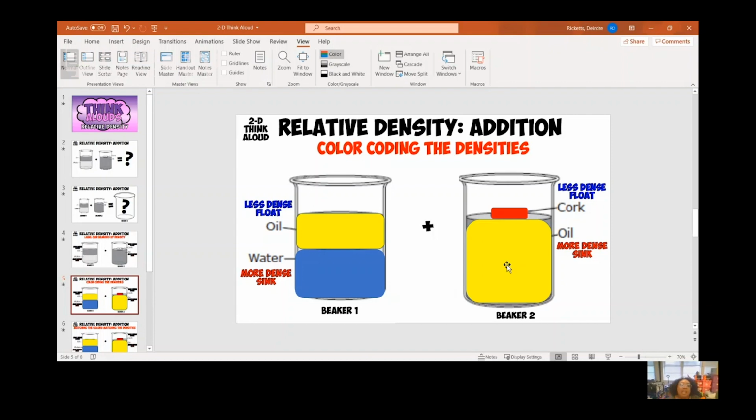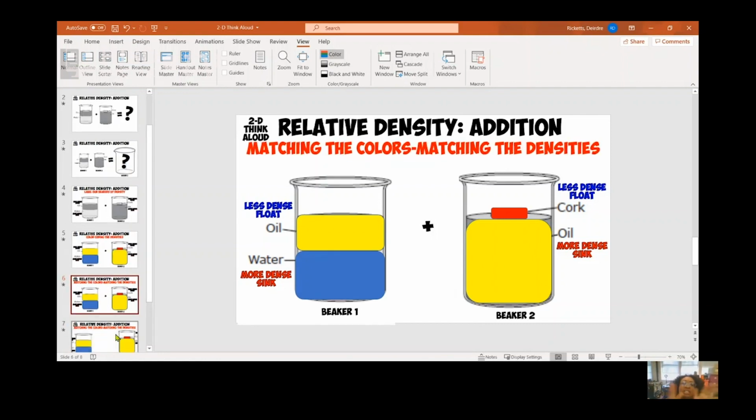I'm using the same color from beaker number 1 for the oil that I am for beaker number 2. So the same substances, no matter what beaker they're in, get the same color. So I colored it yellow, and the cork, which is less dense, is red. Color coding. We label number 1, we color code number 2. So let's move on.